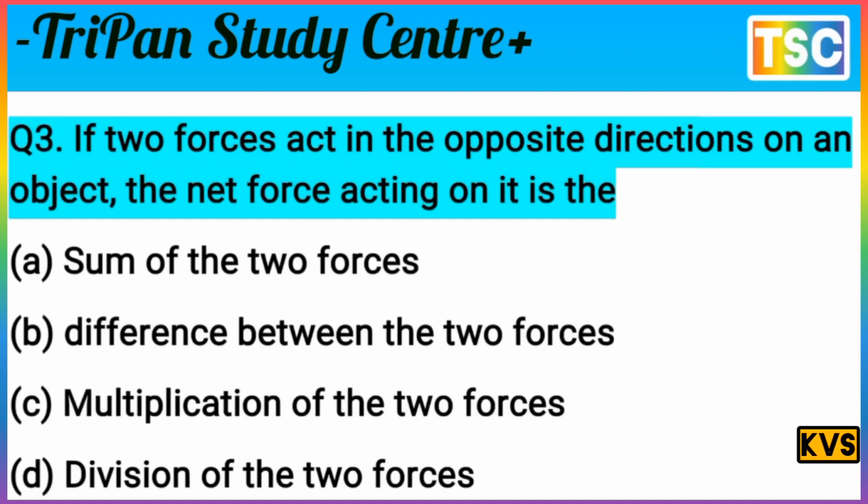The next question on your screen: if two forces act in opposite directions on an object, the net force acting on it is the A, sum of the two forces; B, difference between the two forces; C, multiplication of the two forces; D, division of the two forces. The question is very interesting.